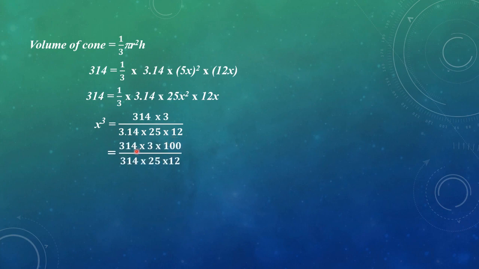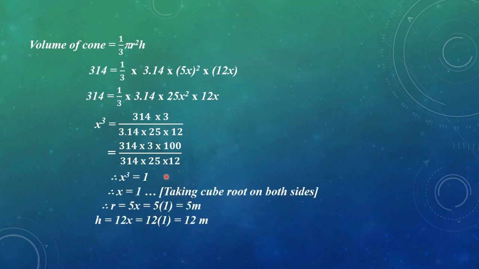So we get 314 multiplied by 3 multiplied by 100. For removing the decimal point of 3.14, we have multiplied by 100. In the denominator, we are getting 314 multiplied by 25 multiplied by 12. Cancelling 314 and 314, 25 and 100 with 4, 3 and 12, that both the 4 will be cancelled.